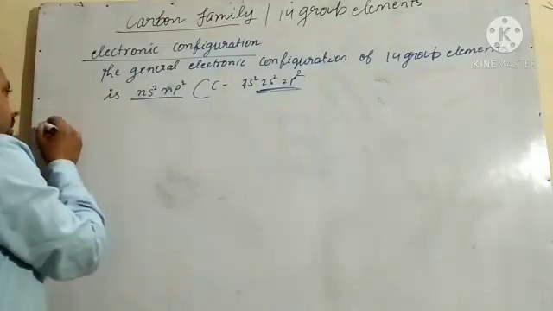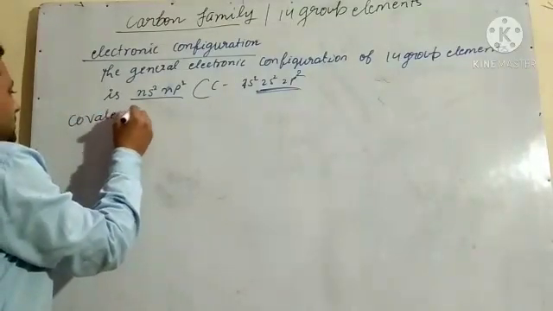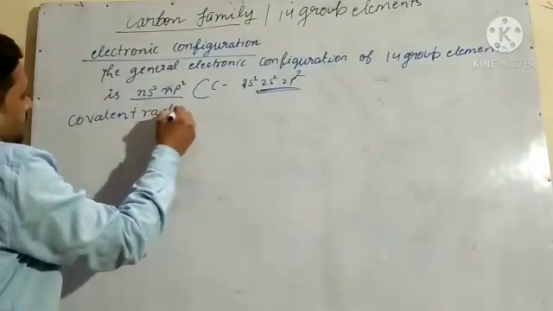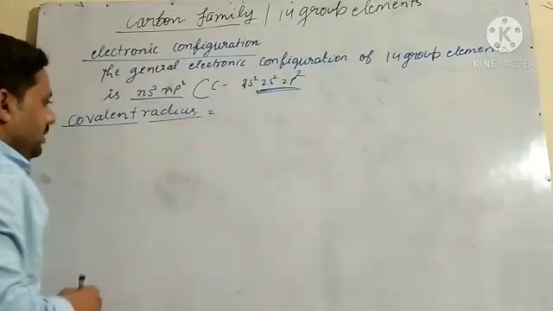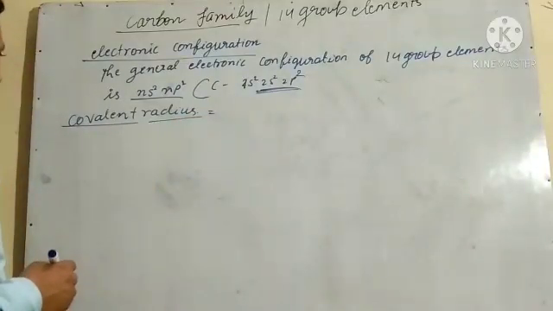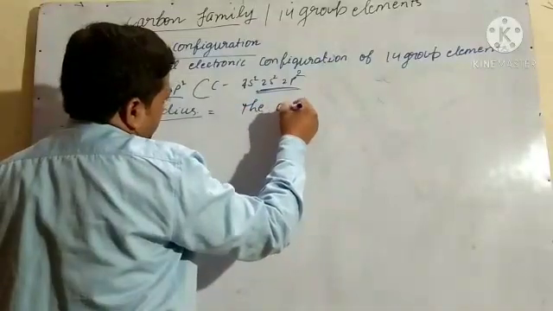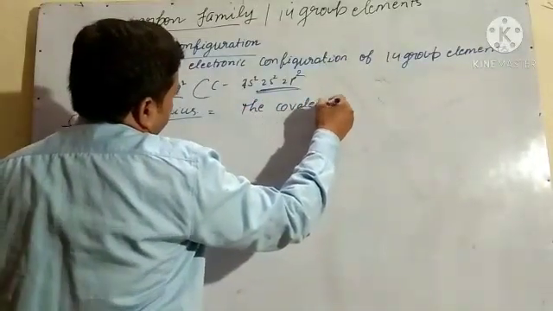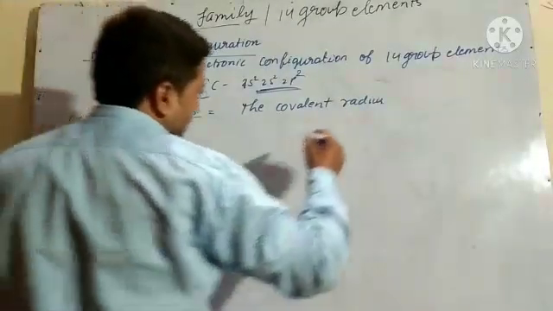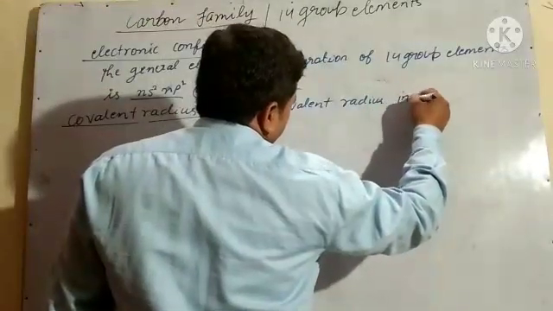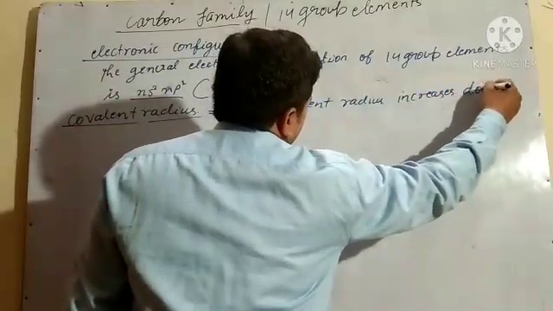Next we talk about covalent radius. Covalent radius increases down the group.